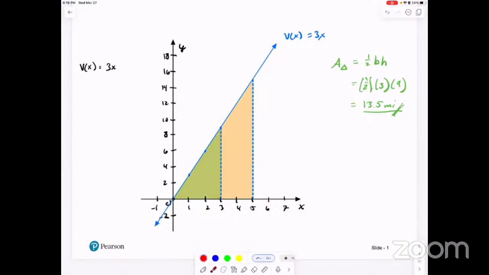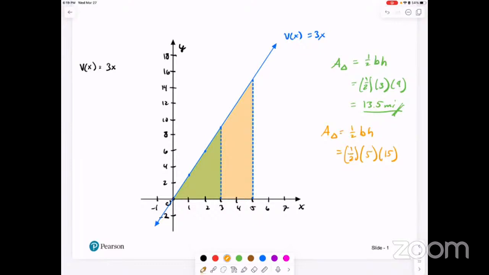So the area of that larger triangle, again, 1/2 the base times the height, 1/2. The base looks like it's 5. The height is what, 15? What is that? 75 divided by 2. 70 will be 35, 36, 37.